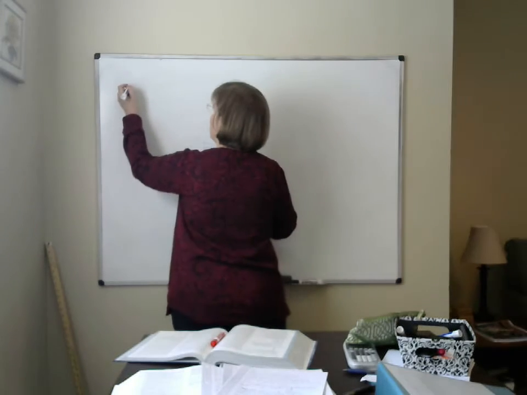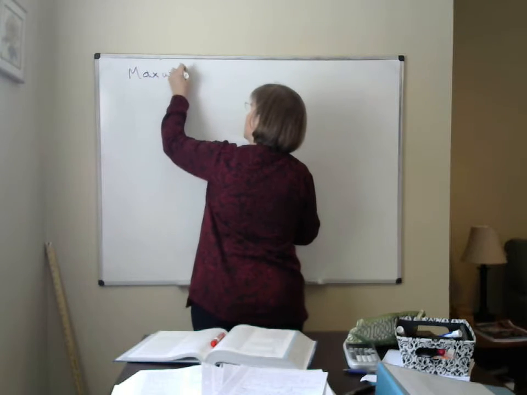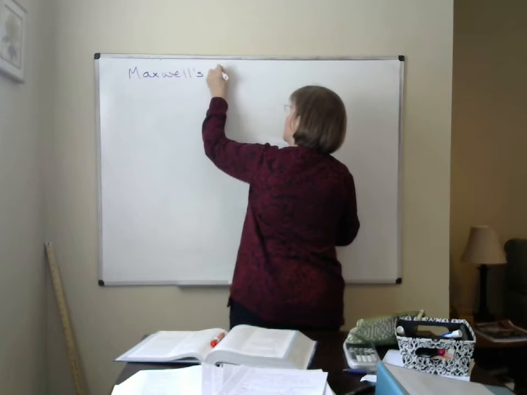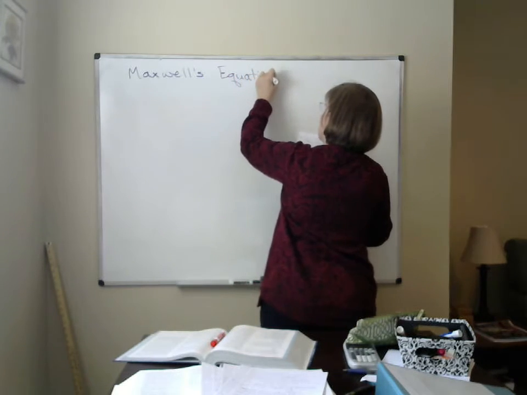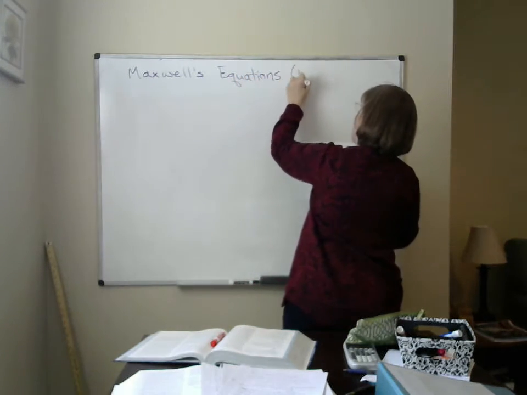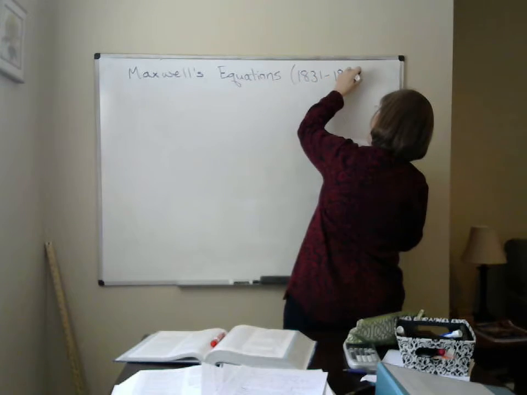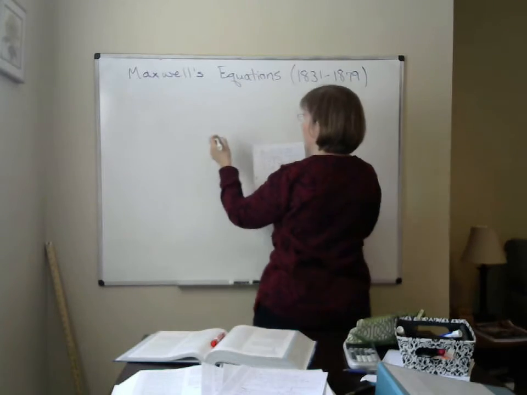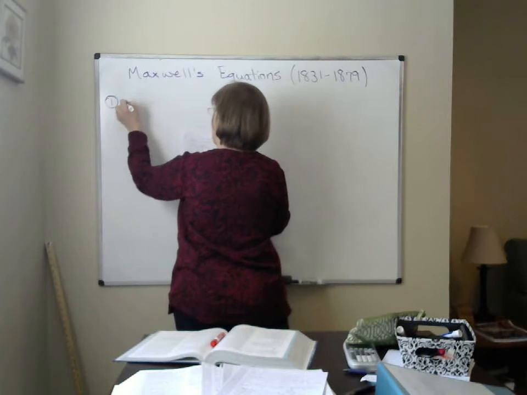The first one, let me go ahead and find it. Maxwell lived from 1831 to 1879, just to give you a little perspective. And his four equations are these.